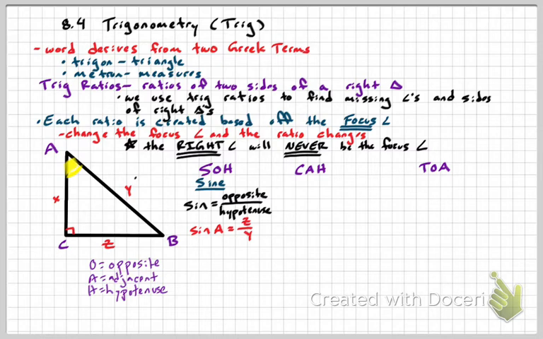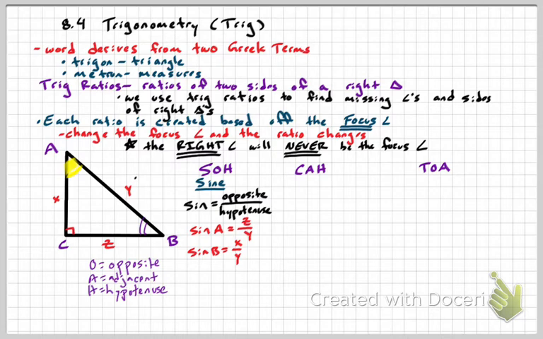Again, X, Y, and Z are placeholders for numbers, or side lengths. If my focus angle becomes B now, notice how this changes. The Z is now adjacent, the X is opposite, the Y is still the hypotenuse. So my sine of B would be opposite over hypotenuse, X over Y. Notice when we change the location of the focus angle, our ratio changes.